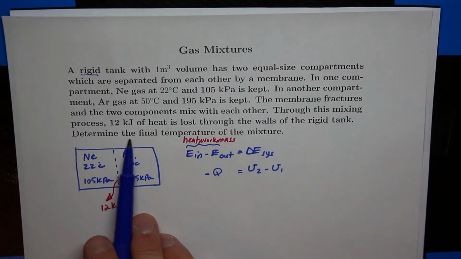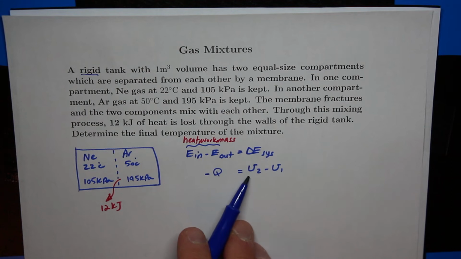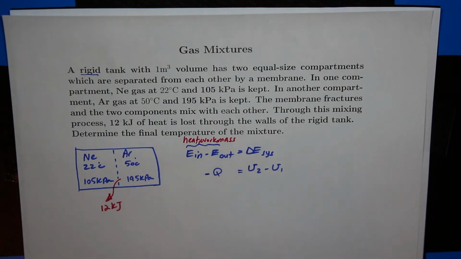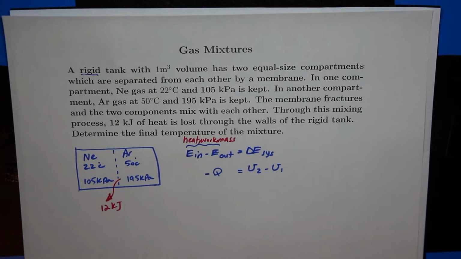Now, the question is asking for the final temperature. That final temperature is evaluated at U2, or I could say U2 depends on that final temperature. So if I know U2, then I'm able to find the final temperature.